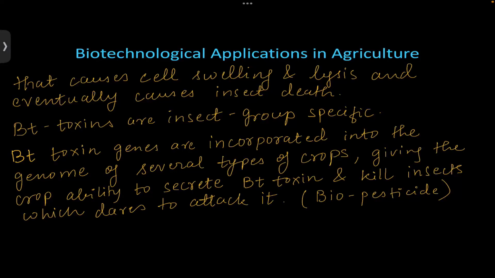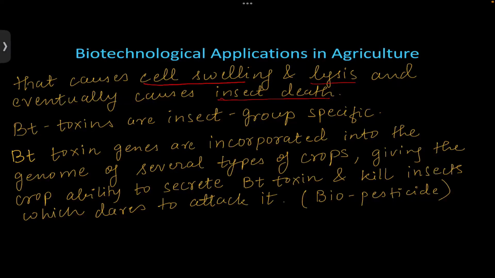Because of which the epithelial cells of the gut will swell up, and ultimately the cells will burst. That is, they will get lysed. So there will be perforation in the gut of the insect, which ultimately causes death of that particular insect which has made the mistake of ingesting this toxin.